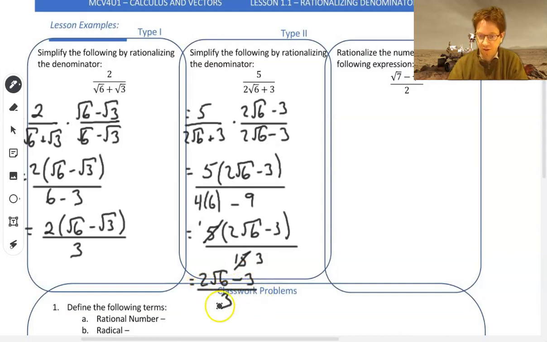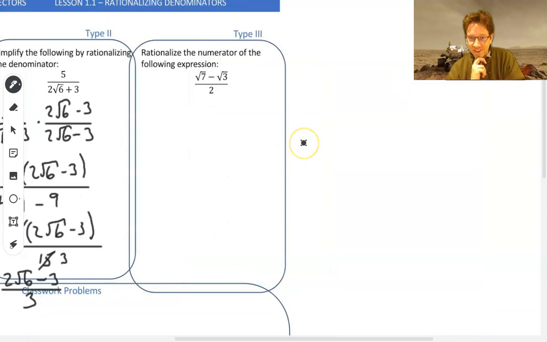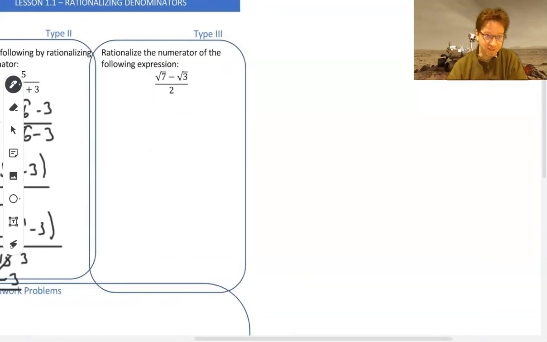all over 3. Okay, so now our last example is an interesting one. This we don't do very often. But as you'll see later in this chapter, it can sometimes be very useful. All right, so we're going to do the same thing though. I'm going to take this and I'm going to multiply numerator and denominator by the conjugate of the numerator.